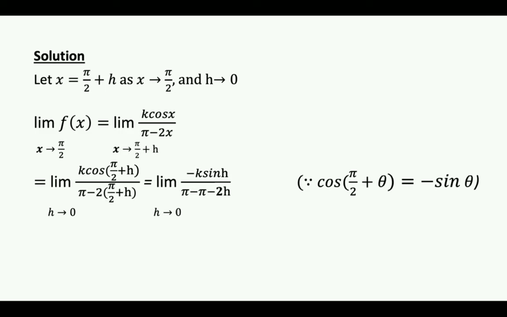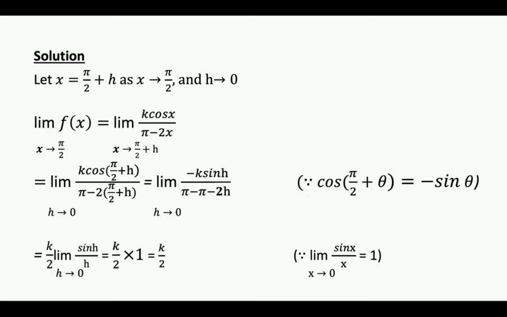Now limit h tends to 0, minus k sin h upon minus 2h, as cos of (pi by 2 plus theta) equal to minus sin theta.